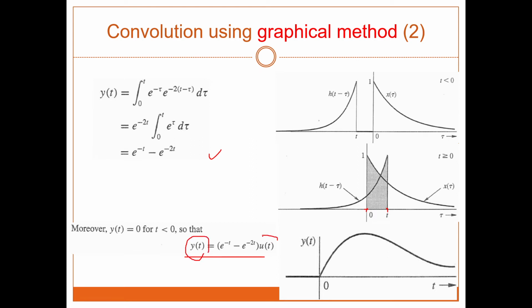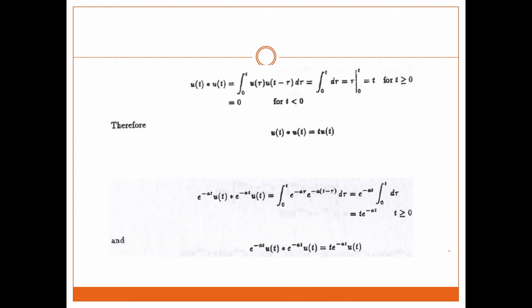Why do we put u(t)? Because we want to tell that it exists only after t larger than 0. So that is the function of u(t). So this is the derivation. If you check in the table, if you convolve with a u(t), this is how they derive.